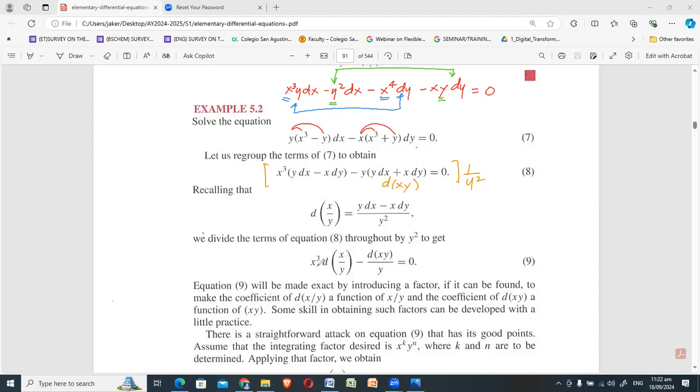So actually, both terms, the first term having the u x over y and the second term having the u xy, cannot be readily integrated yet. It cannot be integrated yet because the accompanying coefficient is not the same as the u appearing inside the d. It should be the same.